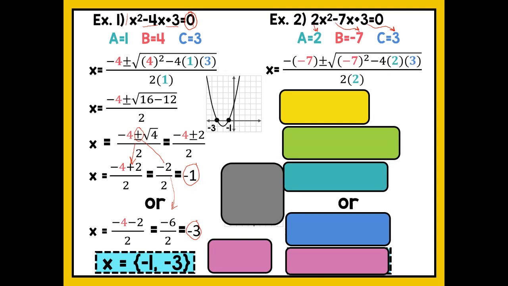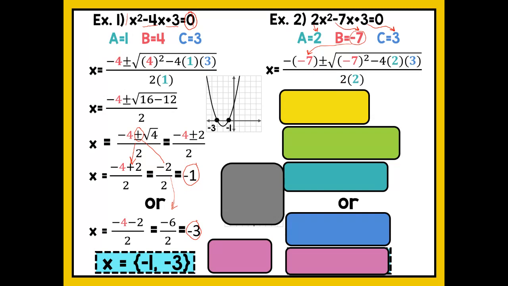When you have a negative value, especially for b, because it's -b, so negative, a negative, make sure you put some parentheses around them so that you can keep track of the signs. So -b plus or minus the square root of b squared minus 4ac, all of these numbers, remember, are coming right from the standard form, divided by 2 times a.